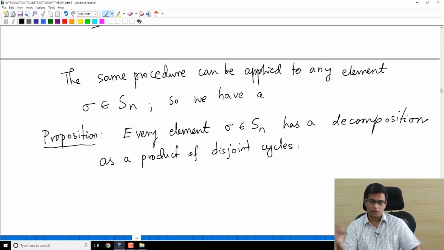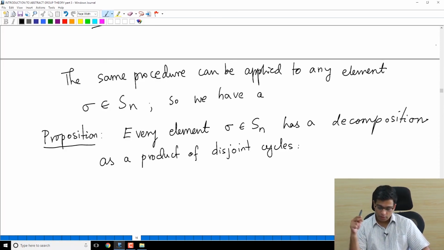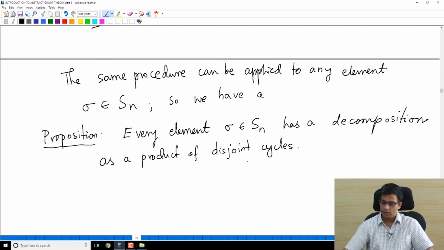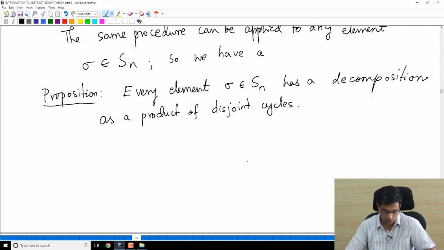Otherwise, there is an index that's not contained in the cycle determined by 1. Then you start with that and see the cycle determined by that. And you keep doing this because it's all on n letters. You must have at some point exhausted all the indices. So you're done. So every element of Sn has a decomposition as a product of disjoint cycles.